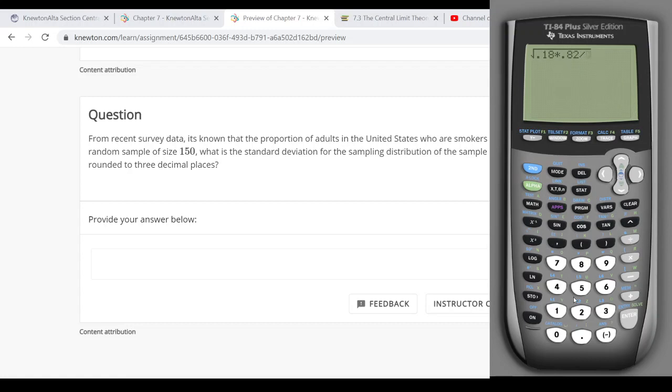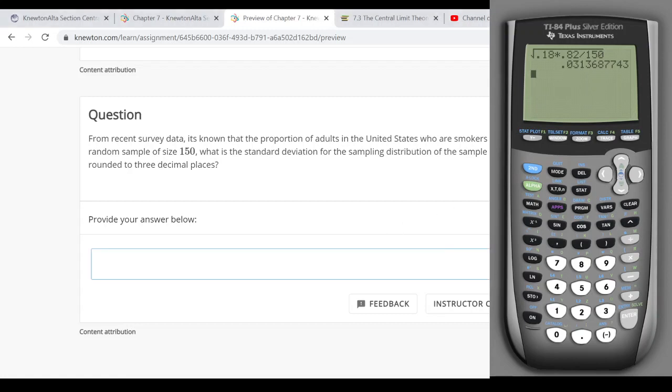Now the sample size here is 150. And all of that should be underneath the square root. 0.18 times 0.82 divided by 150, all underneath the square root. So here would be the standard deviation for our p hats. Okay, 0.03. It says to 3 decimal places, so 0.031.